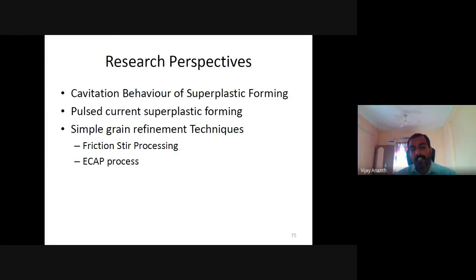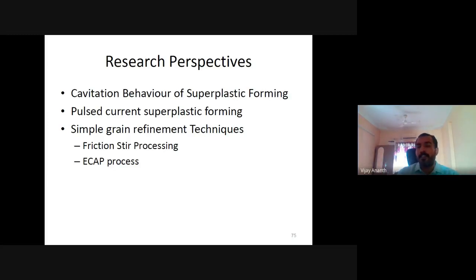And the last one, as I have already told, pre-processing is very much necessary for superplastic forming. For that, for grain refinement techniques, we can optimize to get very minute grains by friction stir processing. It is one of the latest technologies nowadays. They have been using it from 2015 onwards. They are doing this friction stir processing, and after the friction stir processing, they are doing the superplastic forming, right?